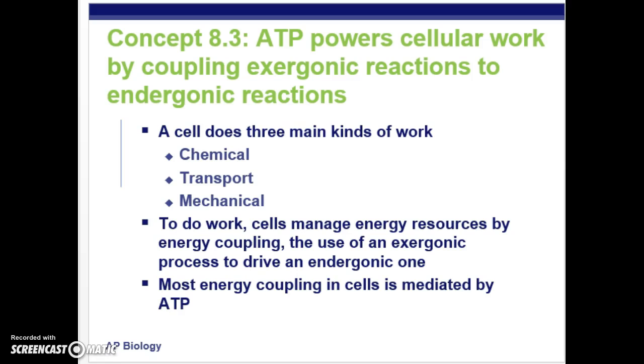In order to do this, the cells have to manage their energy resources and materials by coupling reactions, using an exergonic process to drive an endergonic one. Most of the energy coupling in cells is accomplished by using ATP and its conversion to ADP and then back again. So this is a way that we're coupling an exergonic and endergonic process.